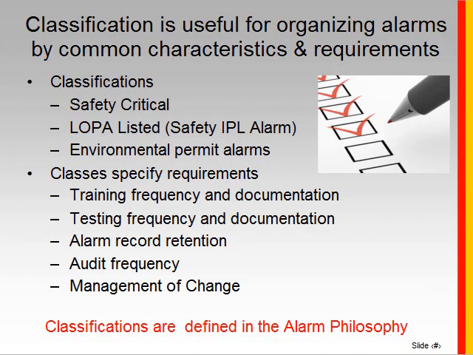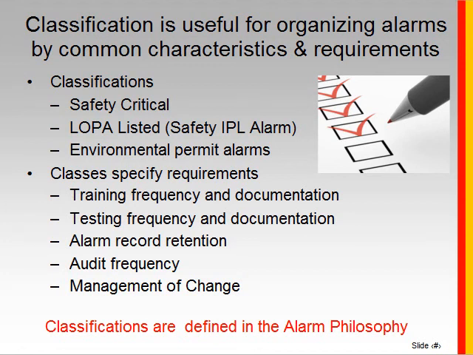We're going to classify each alarm potentially based on how it was identified. Is it a safety alarm? Is it environmentally critical? Was it identified in an environmental permit? Is it a quality-related alarm? Based on this identification, that's going to set some of the key requirements for how we'll manage it.